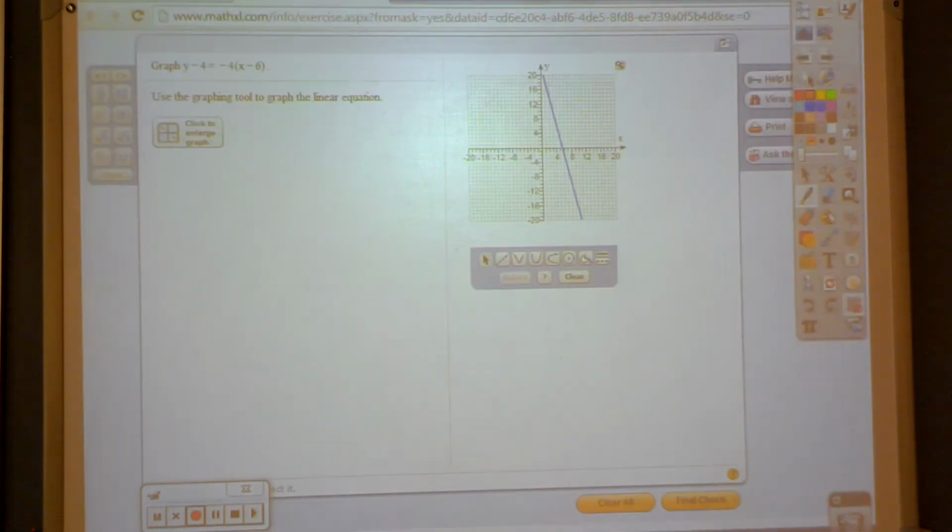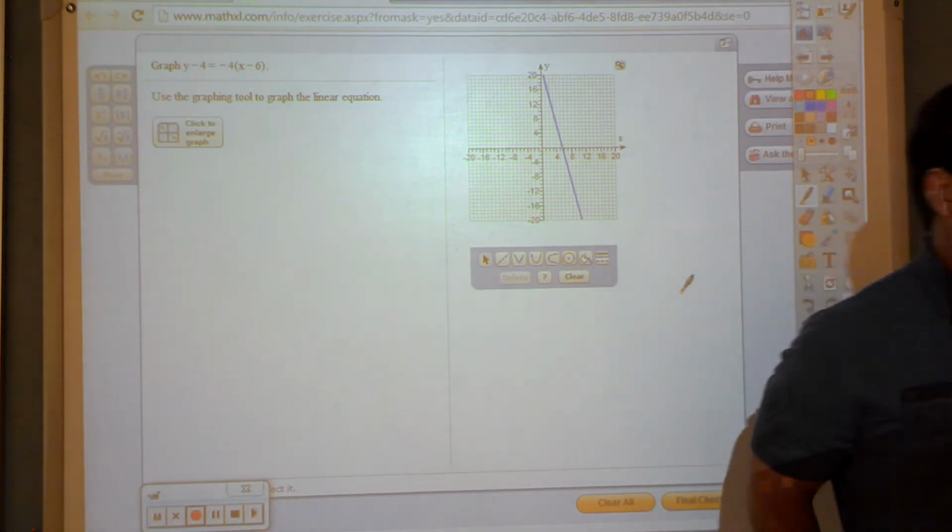Now, question. Which method are you going to use here? What does it say? It says graph, doesn't it? Do whatever you want. But first, you got to simplify it, because right now it's in the point slope equation. They want you to simplify it first. So simplify that one.